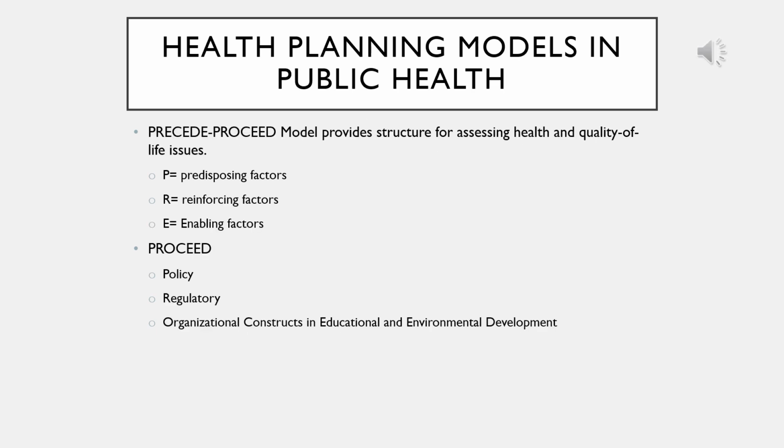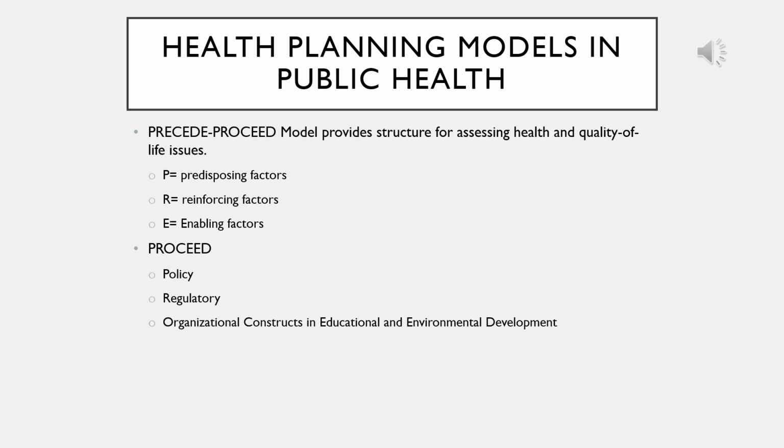So there are health planning models in public health, and one is the PRECEDE-PROCEED model. This model is going to provide structure for assessing the health and quality of life issues. So our first P is our predisposing factors, things like the knowledge, attitudes, behaviors, beliefs, and values before the intervention that affect willingness to change.